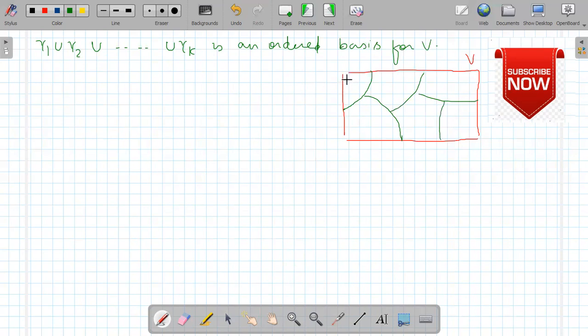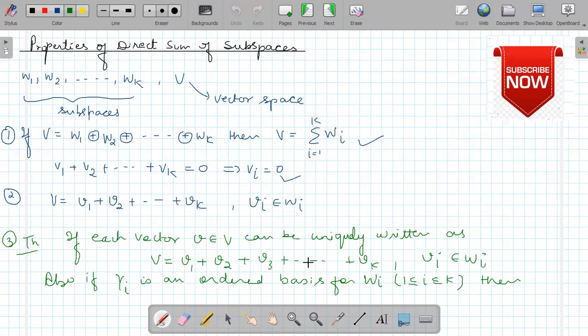We say this is W1, this is W2, this is W3, this is W4, W5, and suppose this is Wk. Okay, so we are given that each vector has a unique representation.